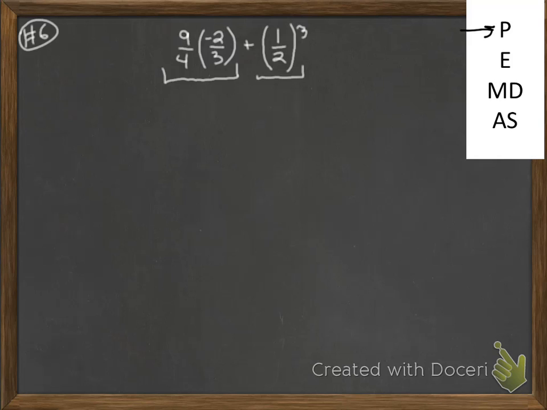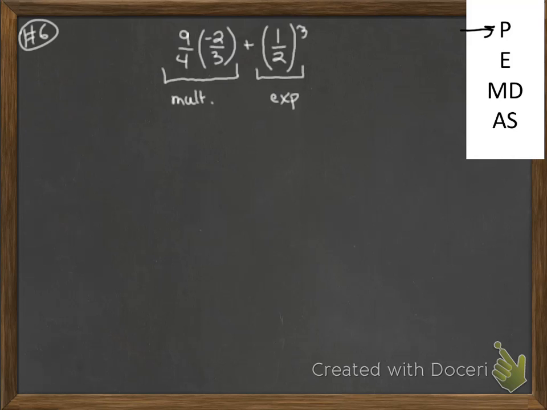Over here, the parentheses are grouping the 1/2 so that we can apply the exponent. So this is really just multiplication because there's not more than one term inside the parentheses, and this is really exponents.